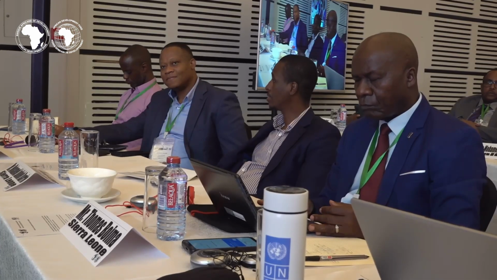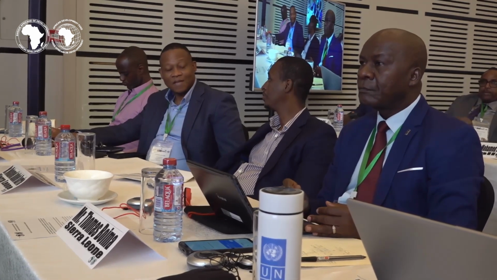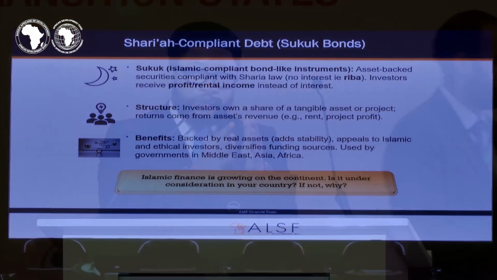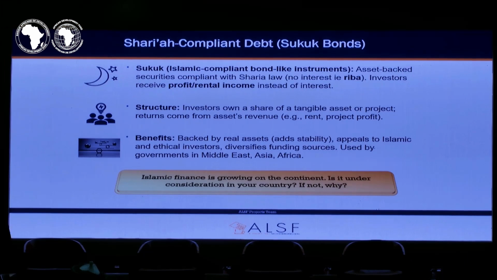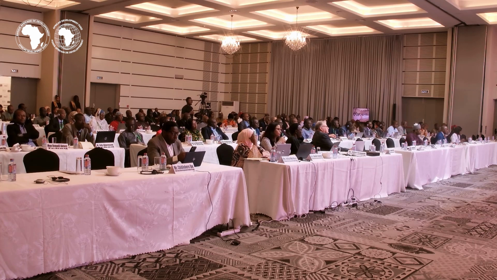And so it could be that the government wants to build a road. And so, in legal speak, we establish an SPV, a special purpose vehicle, and then that special purpose vehicle owns the infrastructure to be built, and the special purpose vehicle acts as a trustee in favor of the investors.